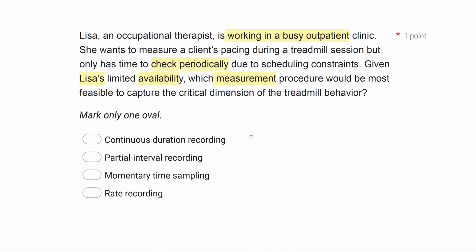We're not necessarily counting things here, right? We're looking at pacing. Regardless, rate is continuous. It's not what we're going to recommend to Lisa. What Lisa would most likely use is something like momentary time sampling. That is a much more high-level question, and so hopefully you critically worked through it and got there. If not, understand why Lisa's limited time led us to discontinuous measurement.